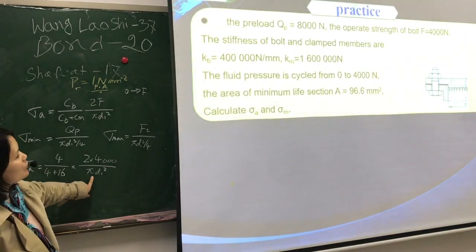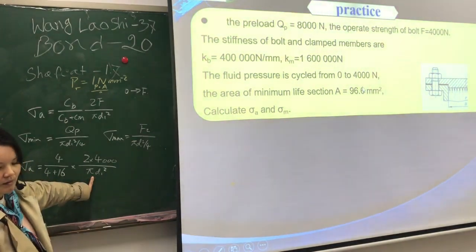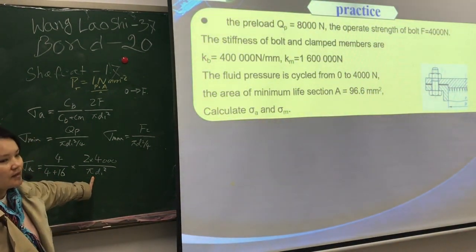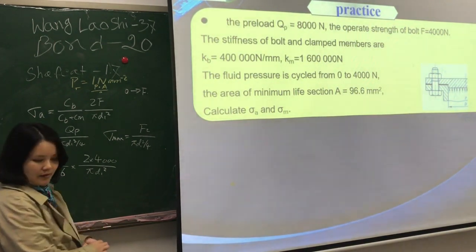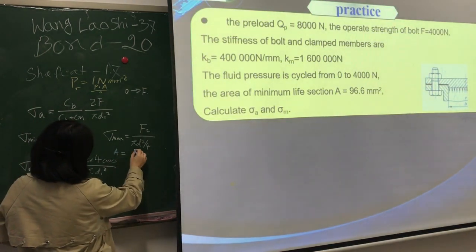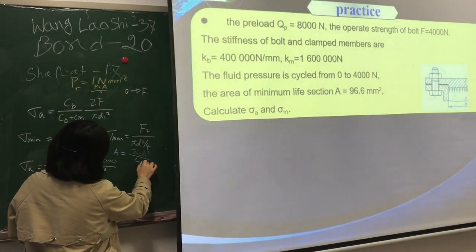We know the section area is 96.6 millimeters, and the section area A is pi r square over 4.